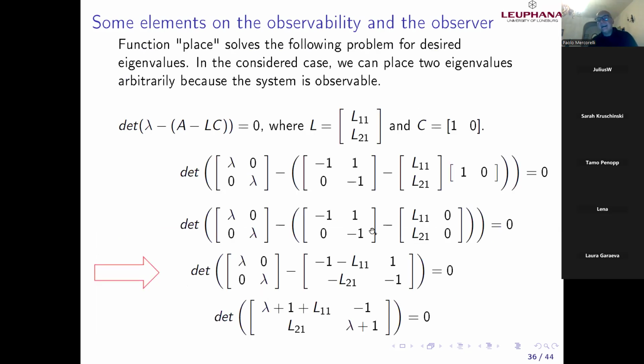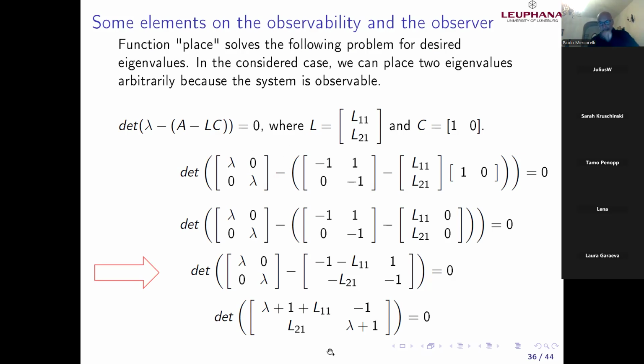And I tried to introduce these calculations. You don't need to learn this, but the idea is to show you how we can also proceed by hand, or better to say what the function place does for us. If I can use the matrix L to place the eigenvalues arbitrarily, of course if the system is fully observable, the calculations which I have to do are described here.